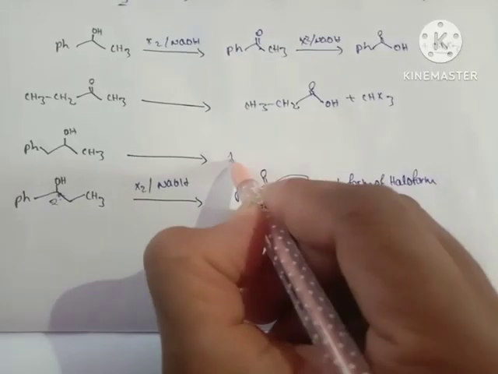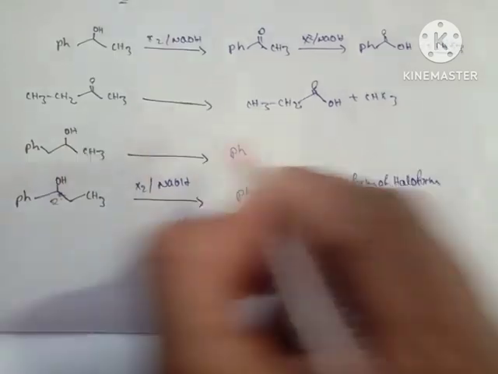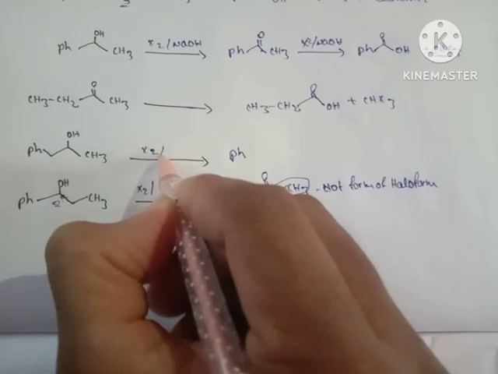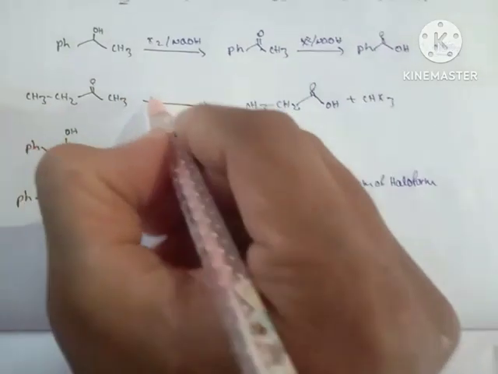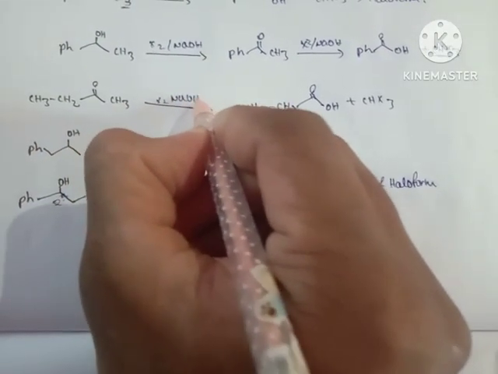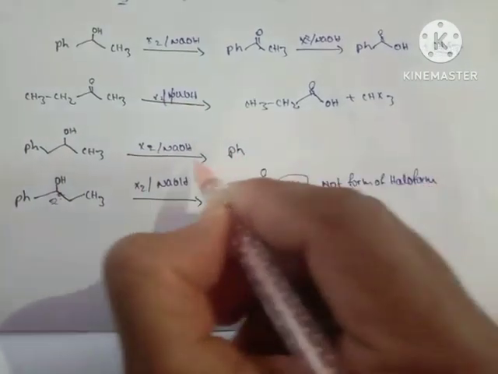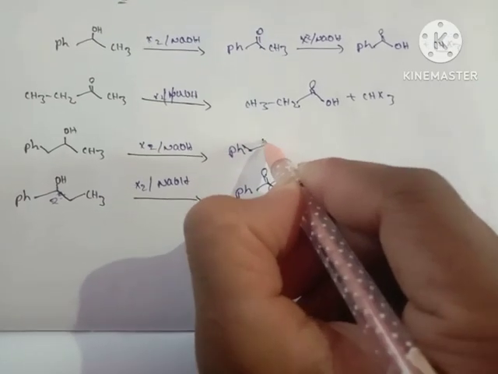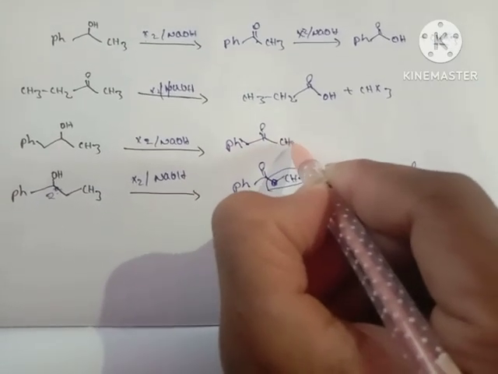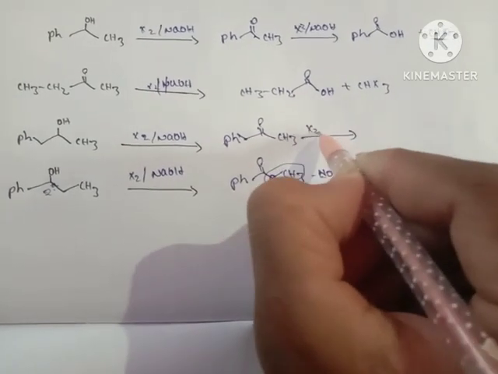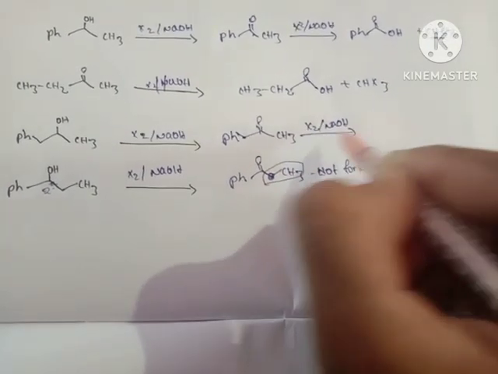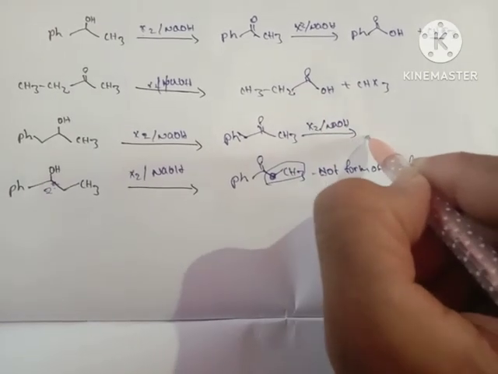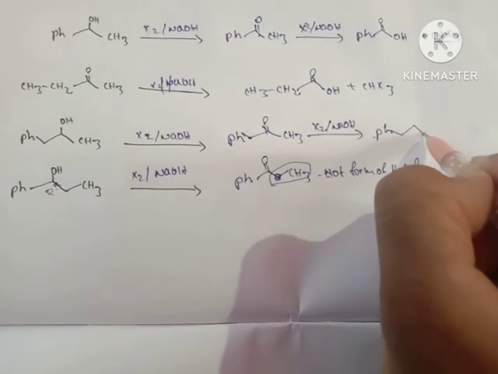And in this case, with the methyl group, first of all, we go through oxidation to produce methyl ketone, and now we treat with halogen in the presence of NaOH to produce the corresponding haloform.